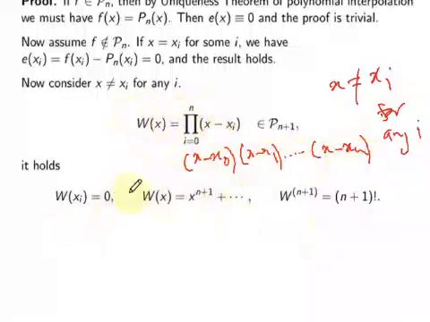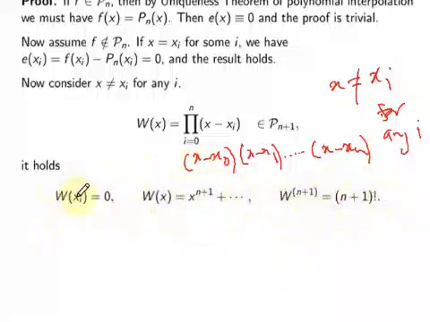So when you differentiate this function w, n plus 1 times, you get (n plus 1) factorial. I think these are clear, and I hope you understand this one.